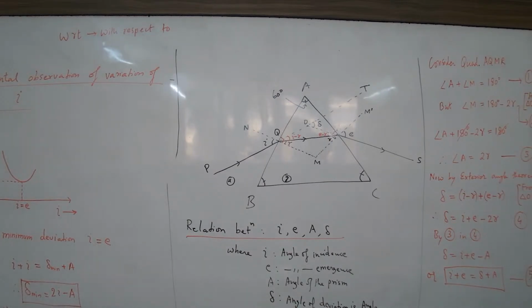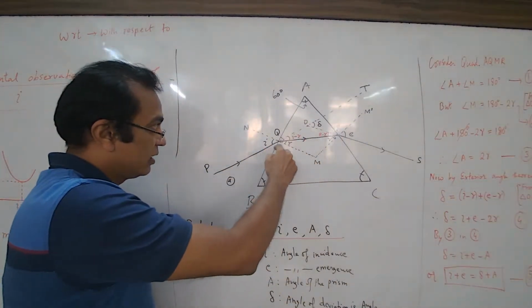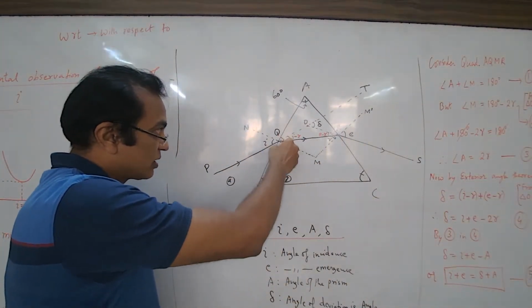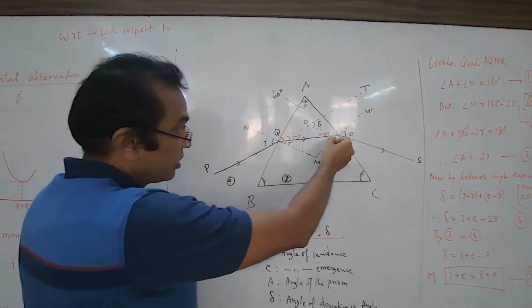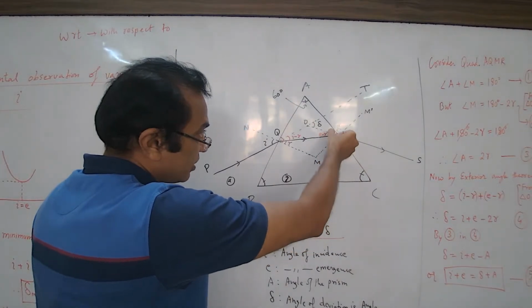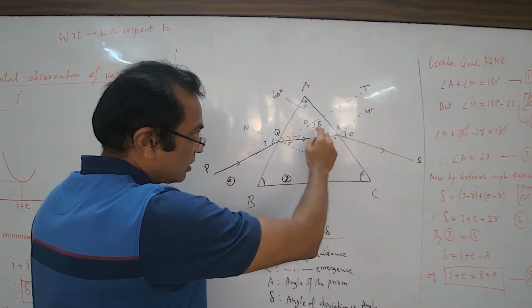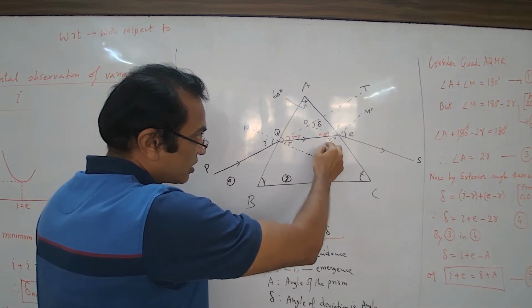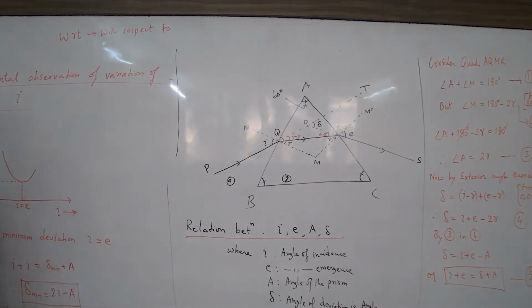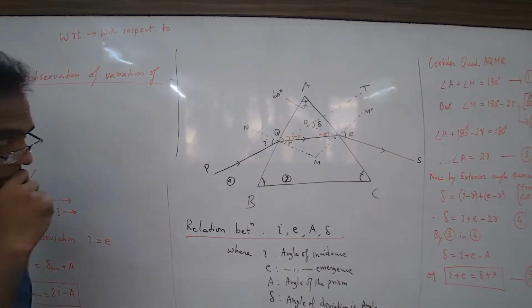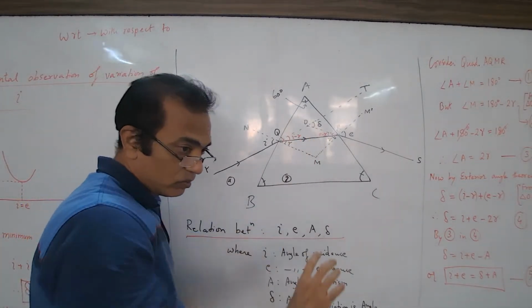I minus R कहाँ से आया, ये सबको समझा? How did we get I minus R? This is I. So full angle vertical opposite is I. I minus R. तब ये I minus R होगा. ये पूरा पीछे किया तो this is angle E. E में से R subtract करोगे तो E minus R मिलेगा. Okay? So do it with full understanding. ये सब एंगल लिखो. डायग्राम थोड़ा बड़ा बनाओ.